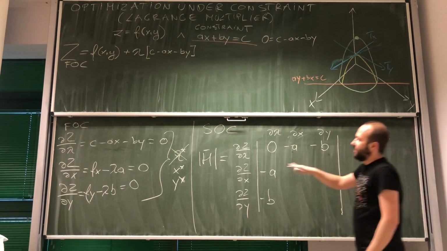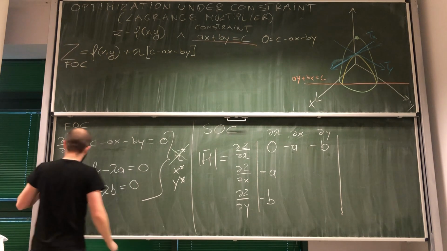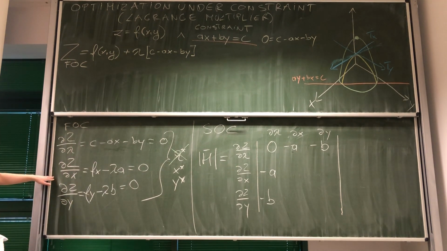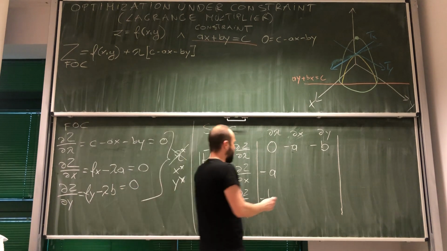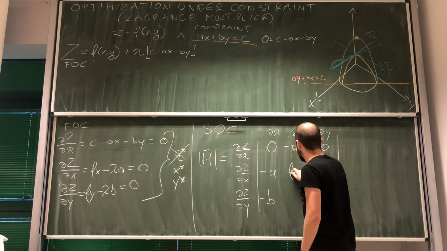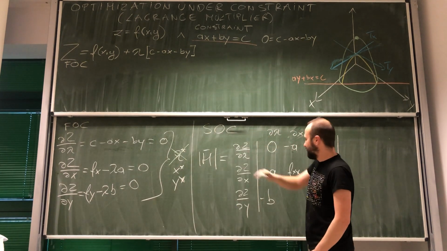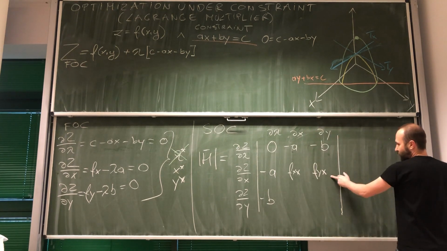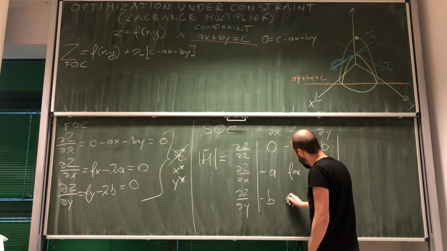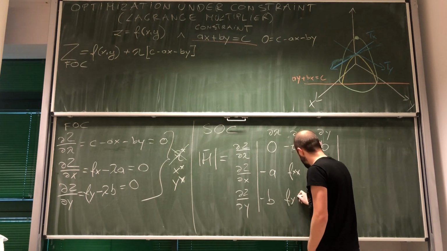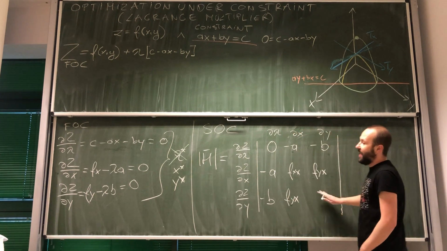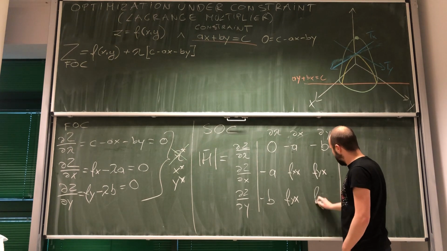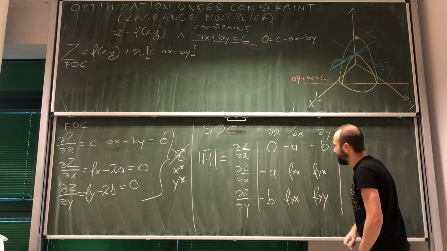If I have negative a and negative b over here, I will have negative a and negative b over here. And look, now, if I differentiate this with respect to x, I'm getting fxx. With respect to y, I'm getting fyx. If I have fyx over here, I will have fyx over here. And finally, over here, fyy.